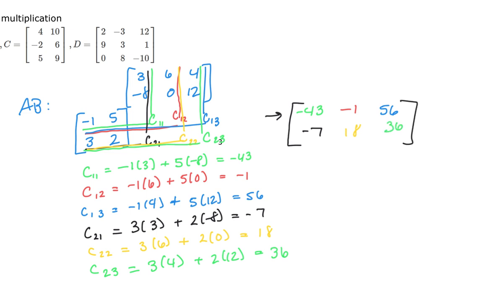So the algorithm is, if I have the A matrix multiplied by the B matrix, then in the first position, it would be my A11 multiplied by my B11 plus my A12 multiplied by my B21.